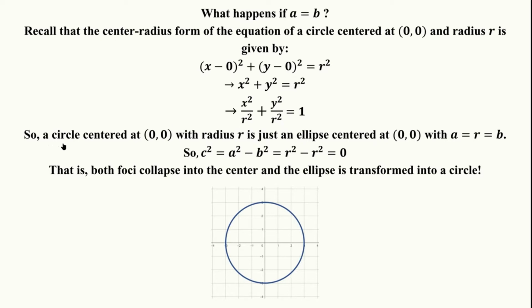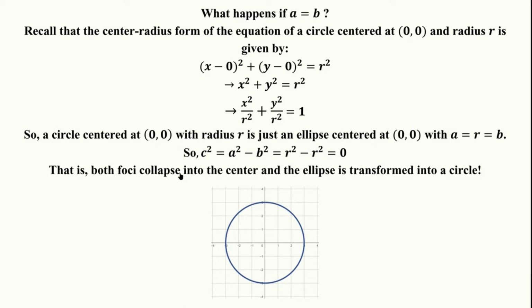So a circle centered at 0, 0 with radius r is just an ellipse centered at 0, 0 with a equals r equals b. Now, you know that c squared equals a squared minus b squared, so we're going to get a value of 0 for c squared, which means c itself is 0.